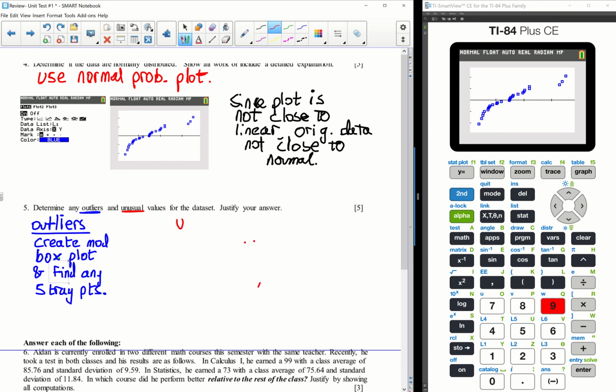For unusual, we're going to compute x bar plus or minus 2s.